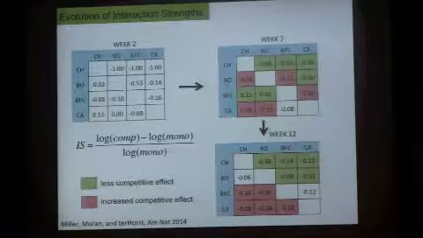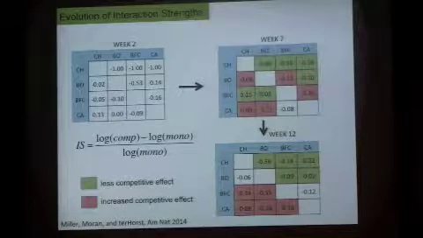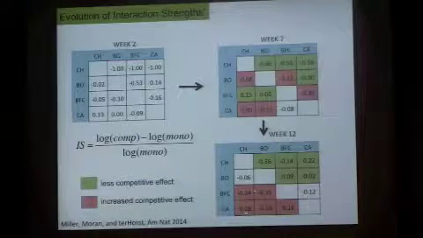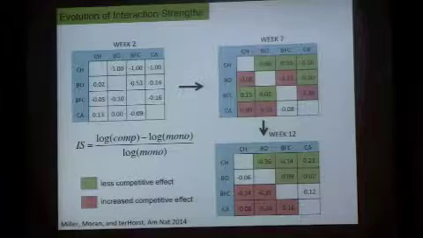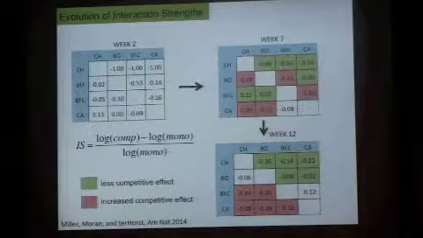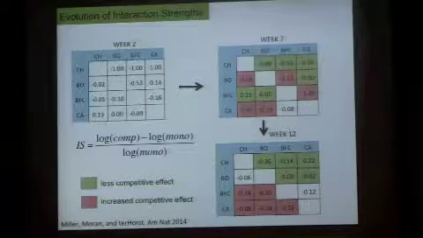And what we find is by the end, the ones that are really good competitors tend to decrease their effect on other species, and the ones that were initially really bad competitors tend to increase their effect on other species. So the good competitors are becoming worse, and the bad competitors are becoming better. And so they're all converging on this intermediate competitive ability.